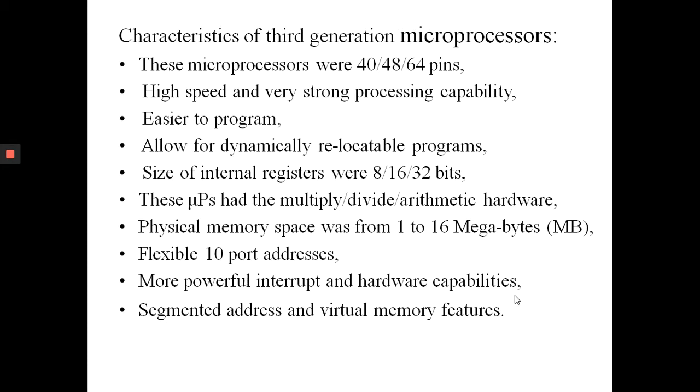Microprocessors had multiply, divide, and arithmetic hardware inbuilt. Physical memory space was from 1 to 16 megabytes. Flexible input addresses, more powerful interrupt capabilities, segmented address, and virtual memory features.